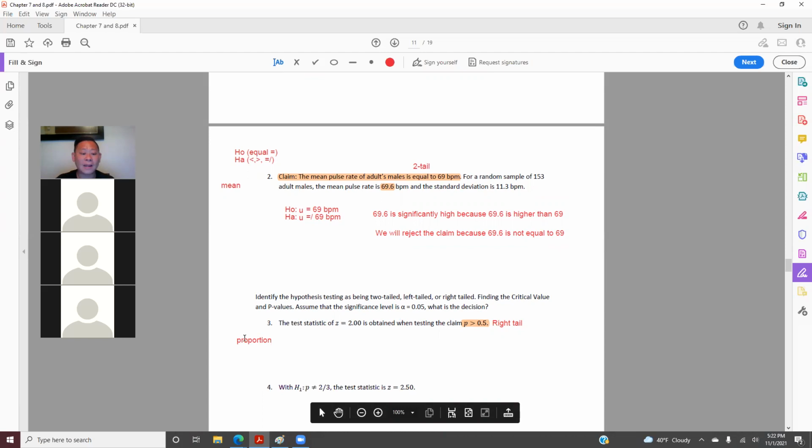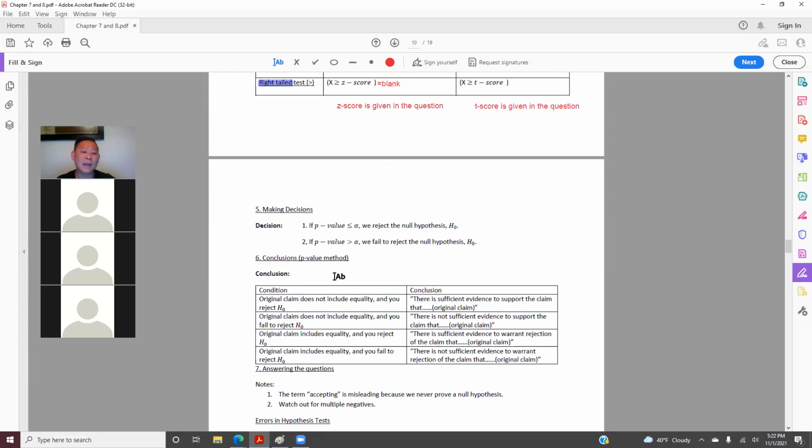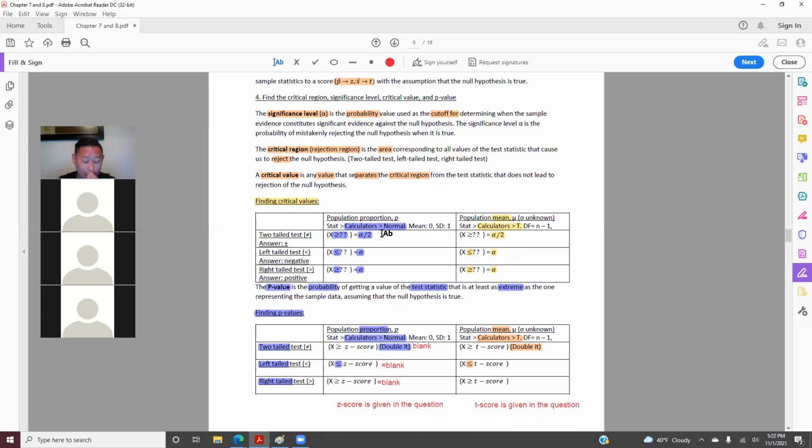So now we need to find the critical value in this case. Shortcut is CV for critical value. So you say it's proportion and right tail. This is finding critical value. We are looking for proportion, and it's a right tail. So in StatCrunch, you have to go to normal calculators and you're going to do P(x) greater than or equal to blank, equals alpha.